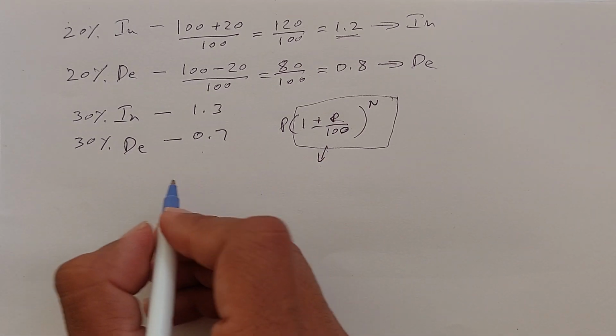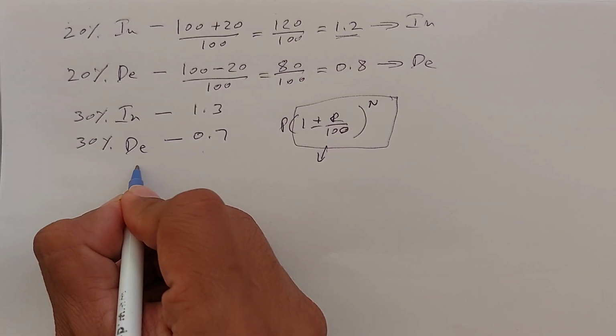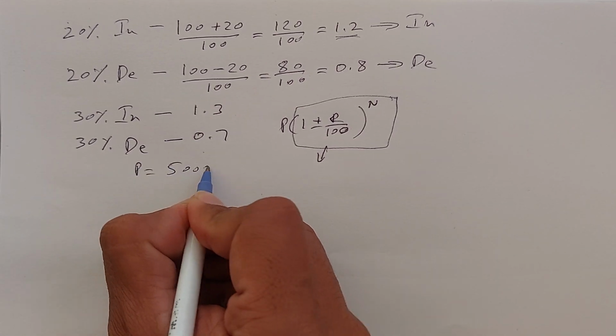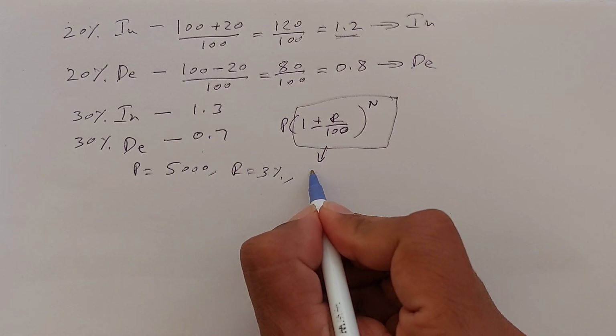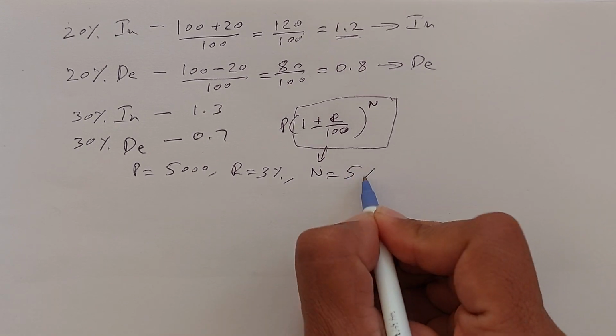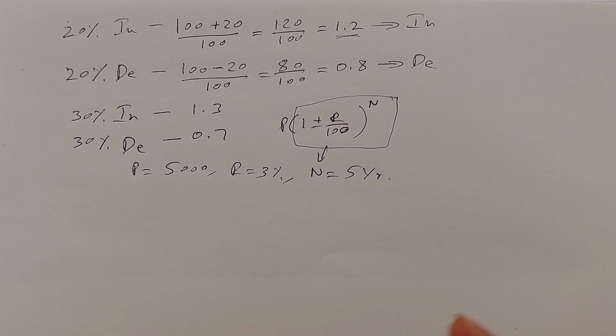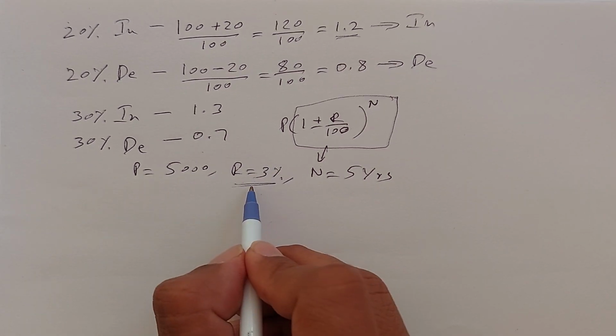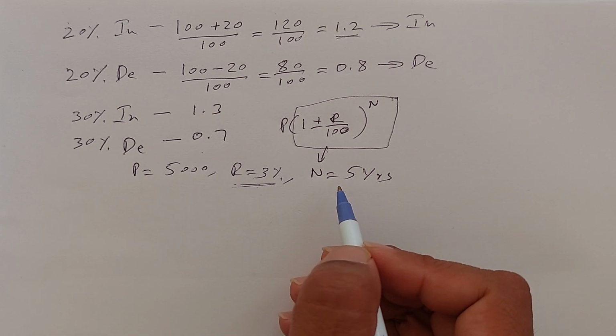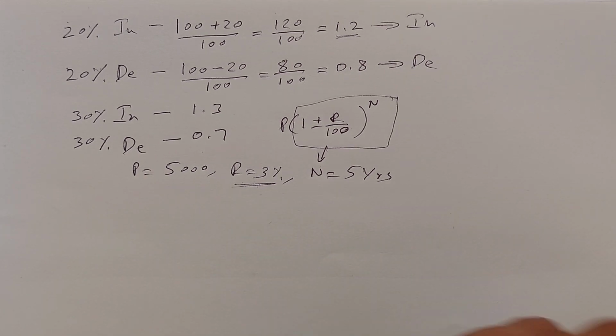For example, if the invested principal value is 5,000, the rate of interest is 3%, and the number of years is 5 years. Our principal value will remain. First, our percent increase: 3% increase. What is 3% increase in your mind? It should be 100 plus 3, just 103. Then put the decimal after 1.